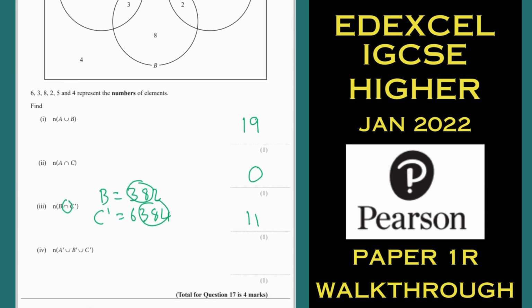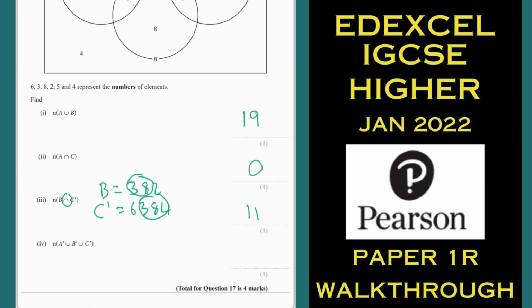I'll have to scroll down so the numbers will disappear, but you already know it. The union of outside of A, outside of B, outside of C. I just listed them all. I know it's a mark, but it's tricky now. We're question 17, part 4, so it's bound to be a little bit tricky. The numbers outside of A are 4, 8, 2, and 5. The numbers outside of B are 4, 5, and 6.